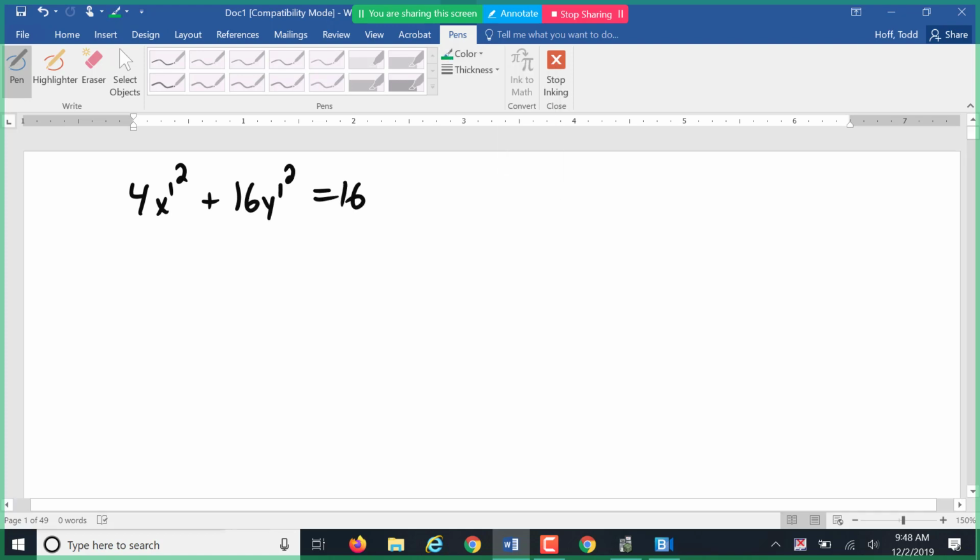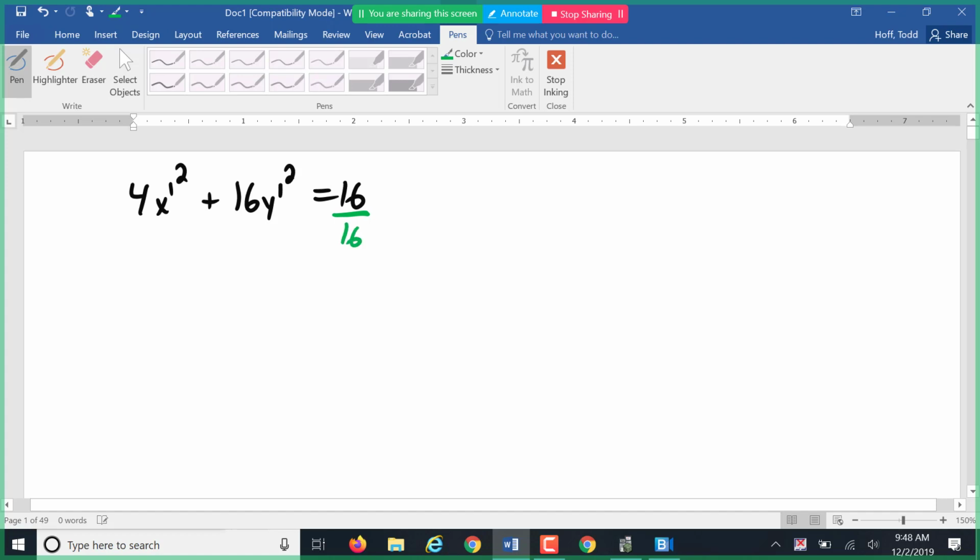And as always, we have to get rid of this term, has to become equal to 1. If it's a parabola or circle is the only time we don't need that equal to 1. For a hyperbola or ellipse, we have to make that equal to 1. So since we know this is going to be an ellipse or a circle, we have to make that equal 1 for the ellipse. If it were a circle, these coefficients would have to be the same, and they're not.